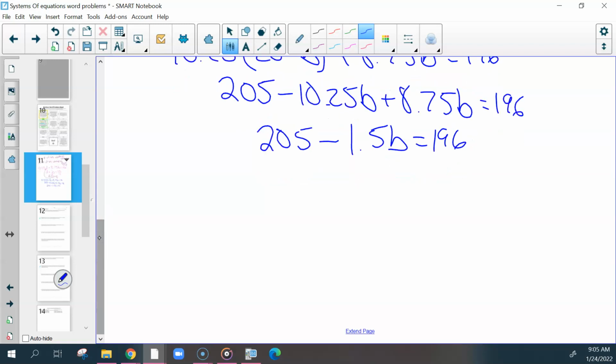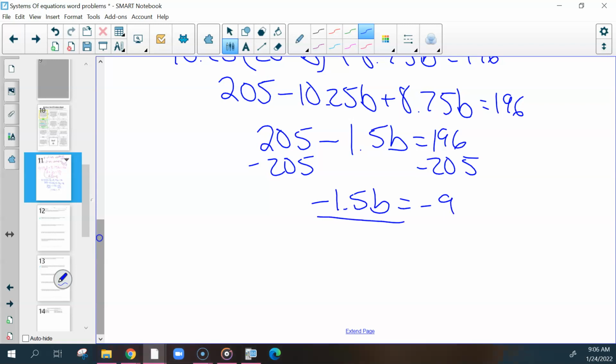Okay, so now we can start solving this for B. Subtract 205 on both sides. Negative. Negative, yeah. And divide.